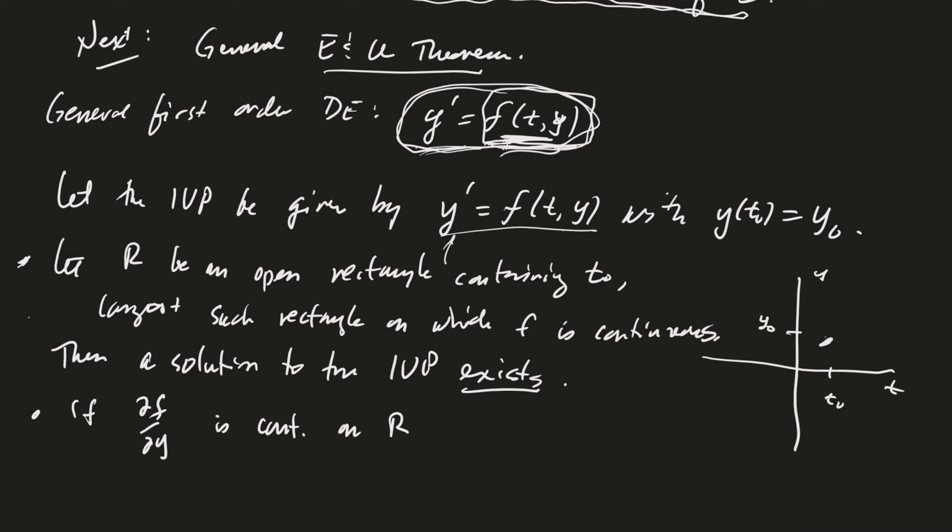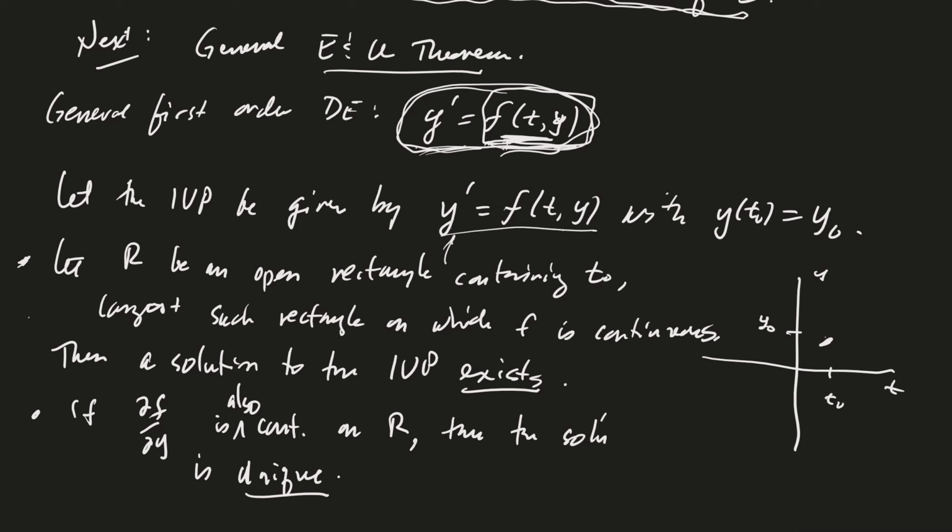So we're going to assume at this point that f is continuous on R. If partial f partial y is also continuous, maybe I should say also just to emphasize that, then the solution is guaranteed to be unique.